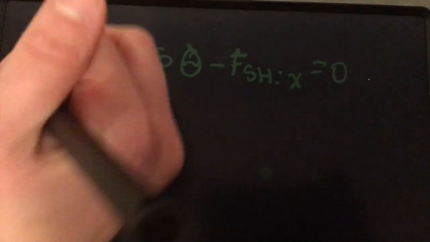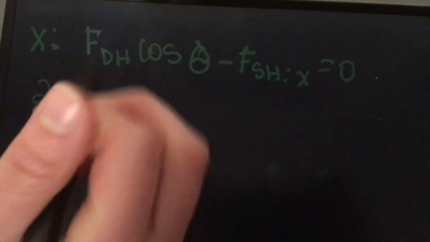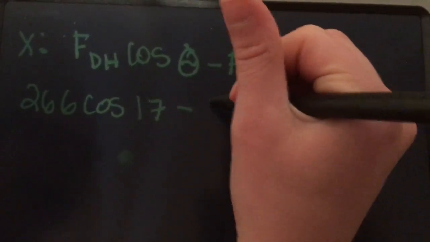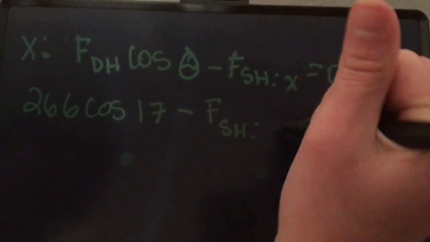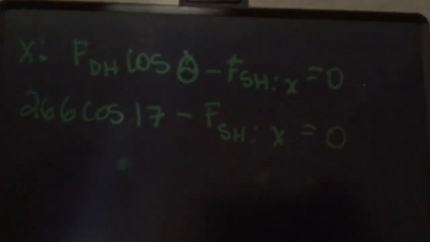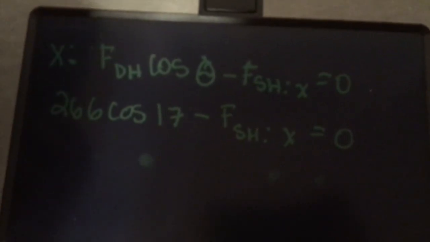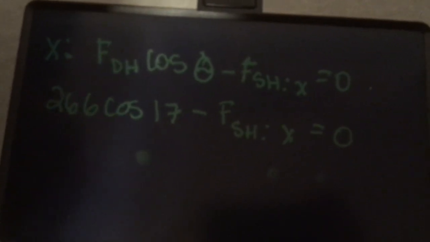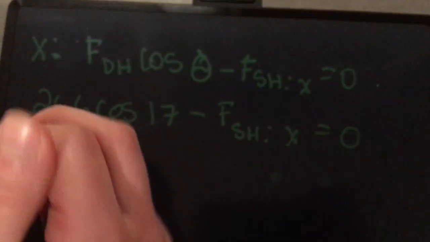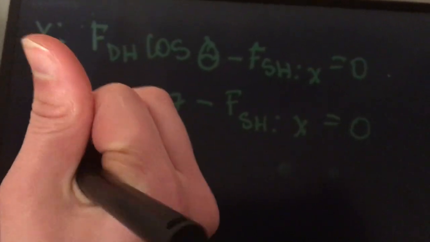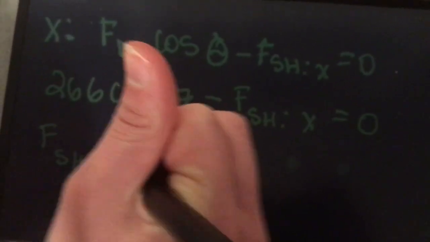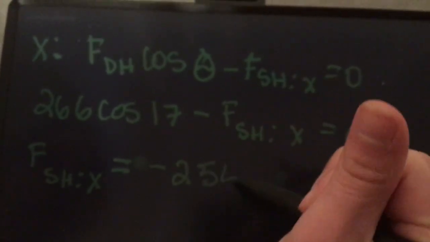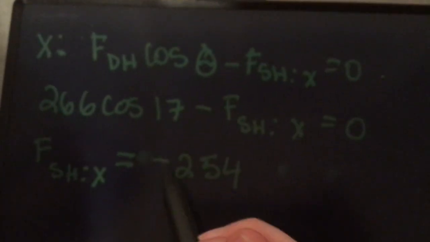So now we know that this has to be 266 cosine 17 minus the F scapula on the humerus, x equals 0. So now we're just going to do 266 cosine of 17, and now we're going to have an FSH in the x direction to equal negative 254, or positive in this case.